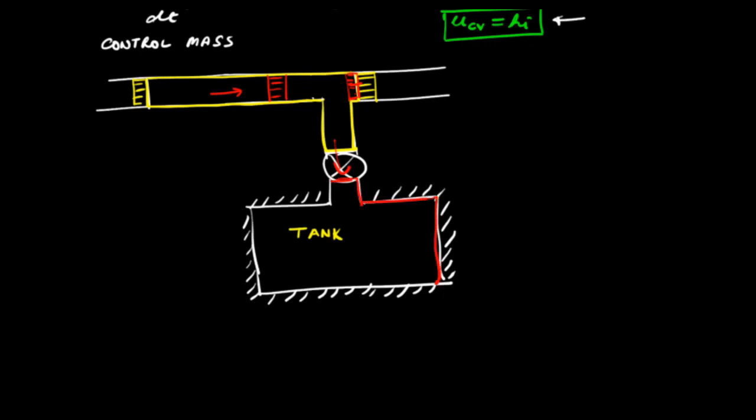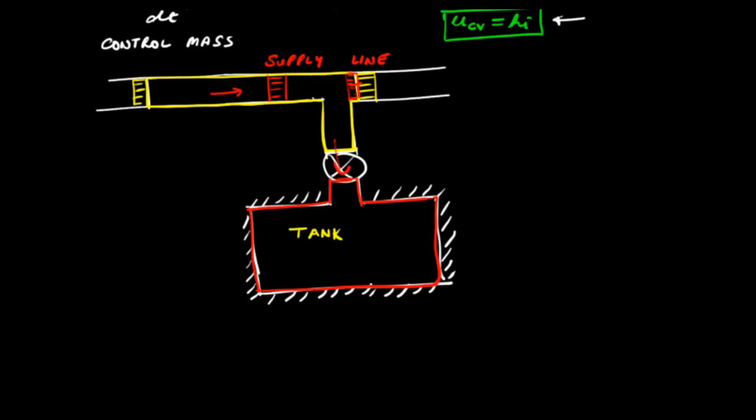So the whole control mass that was initially in the supply line enters this particular tank. Now we can apply the first law for a control mass to this control mass whose initial state was that it was completely in the supply line, and the final state is that it is completely within the tank. So within these two initial and final states, we can apply the first law for a control mass.